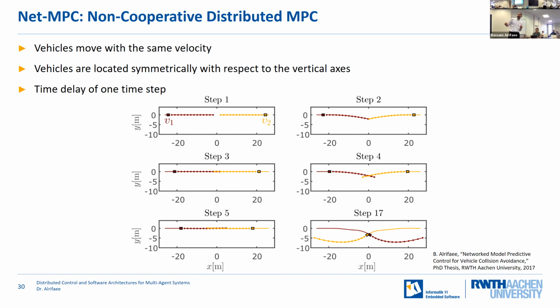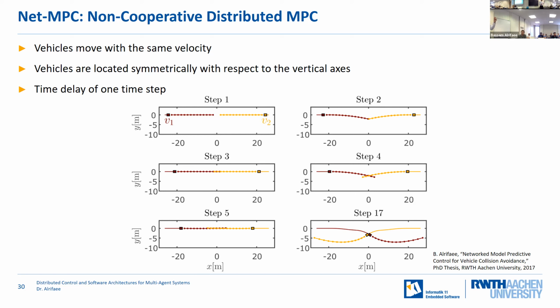They will collide in the next step, because vehicle one will tell vehicle two, I'm going straight. Vehicle two tells one, I'm also going straight. So each one thinks, I have to avoid the collision, and they avoid each other but in the same direction. This is the pedestrian example.